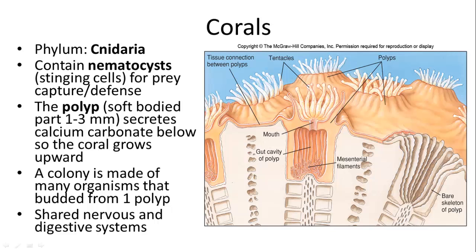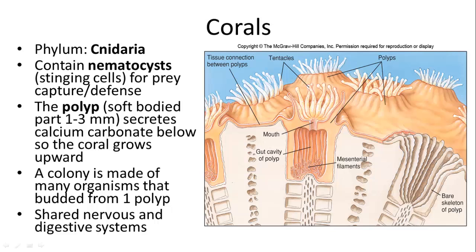The polyp then is the sessile form, and it secretes a calcium carbonate structure around itself, creates this cavity which it then lives inside of. So as it sets down more and more of this calcium carbonate substrate, it will continue to grow outward, and also as it does so, it'll make more of these little polyps.